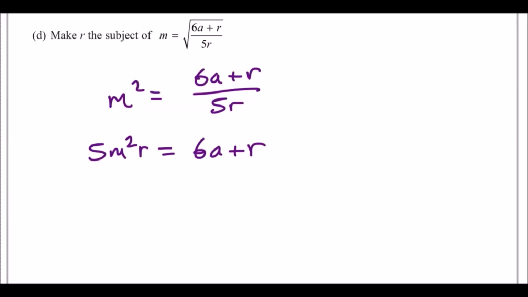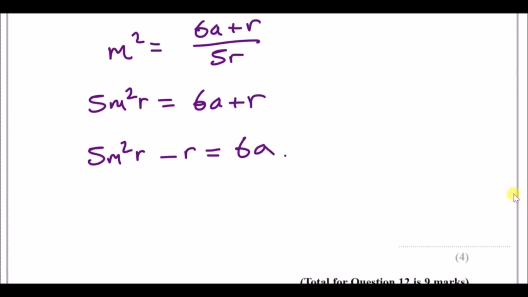Now here's the tricky bit. Because you've got r's on both sides and they don't look compatible, the trick is to firstly move all the subject terms, in other words the r terms, to one side. So let's move this plus r to the left. You're going to have 5m squared r minus r, because you moved it across, equals 6a. The key step is to realize that because you've got r's on both sides, you can factorize the r out.